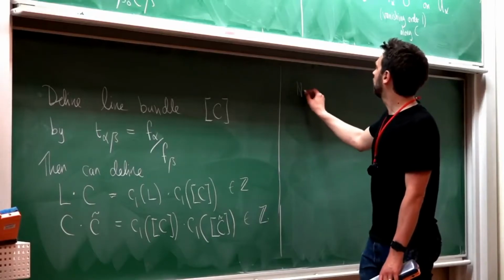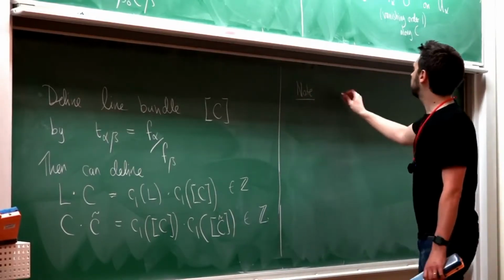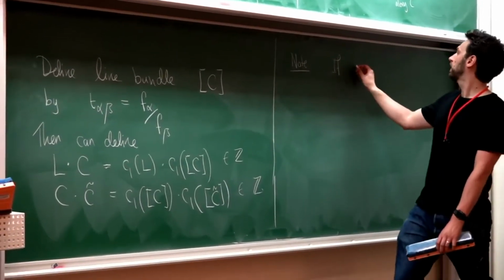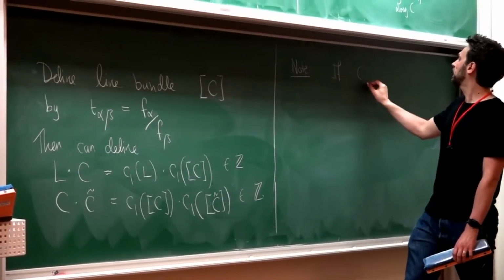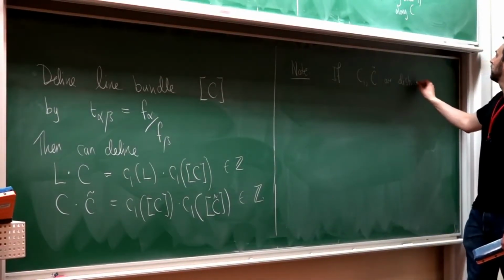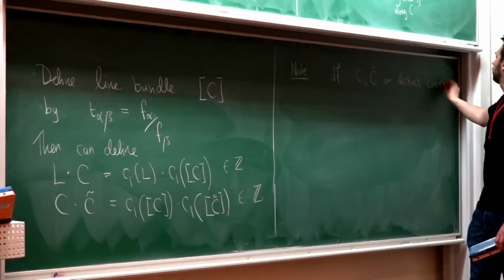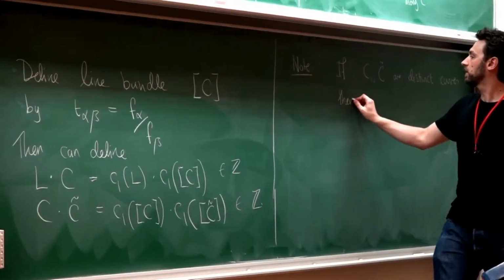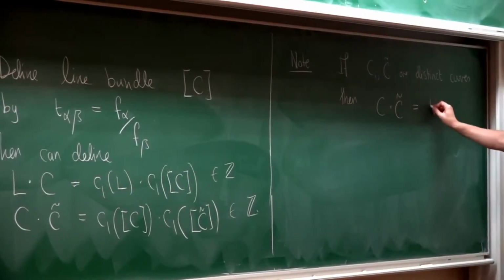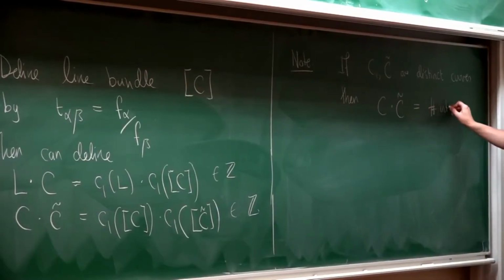The first one is that by Poincaré duality, it turns out that if C and C tilde are distinct curves, then C dot C tilde, that intersection really is the number of intersection points of C and C tilde.